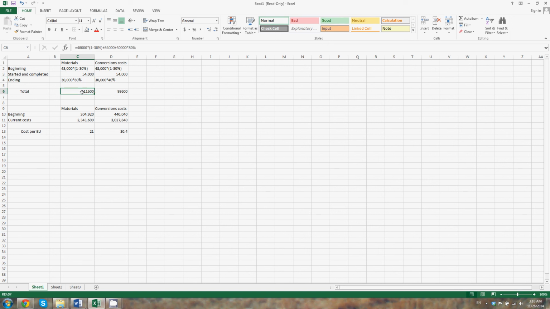Next step, we get the sum of these three numbers, and we get the equivalent units for materials and for conversion costs.